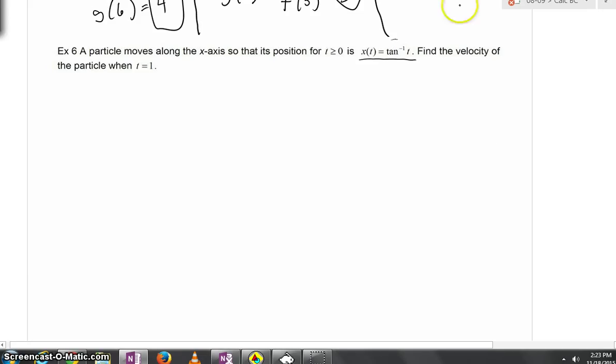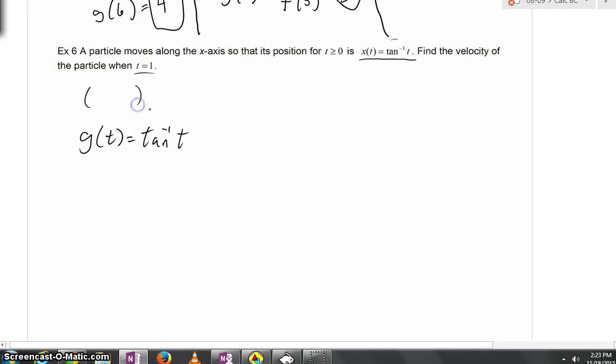The problem is, I'm asked to take this derivative of inverse tangent when t is equal to 1. So this is really a very different type of problem. We don't have information on how to find the derivative of inverse tangent just yet. We will later in the chapter.